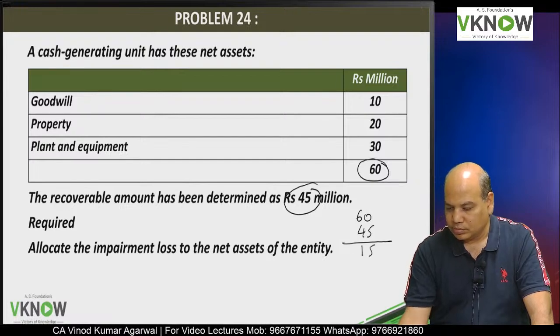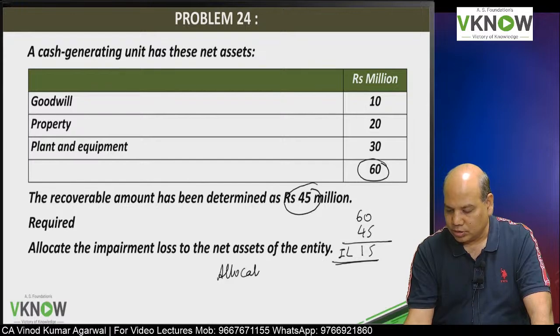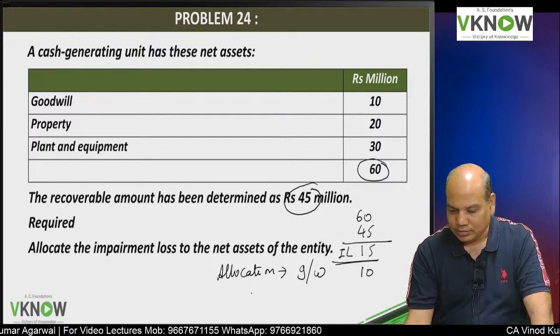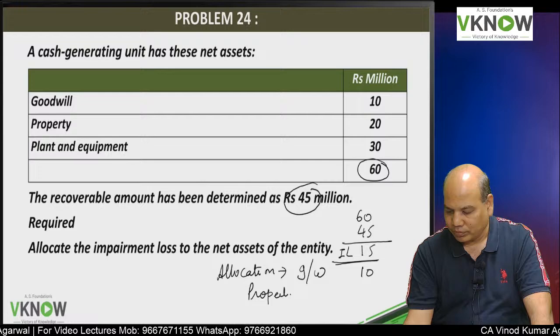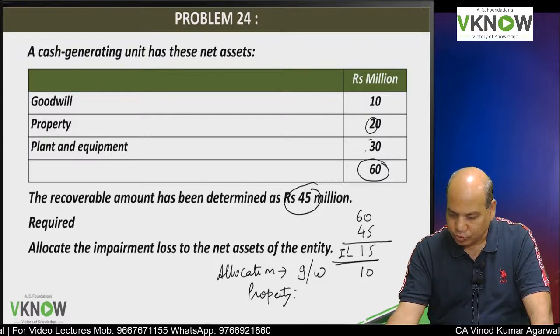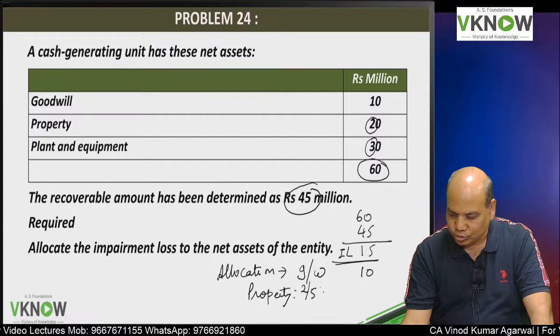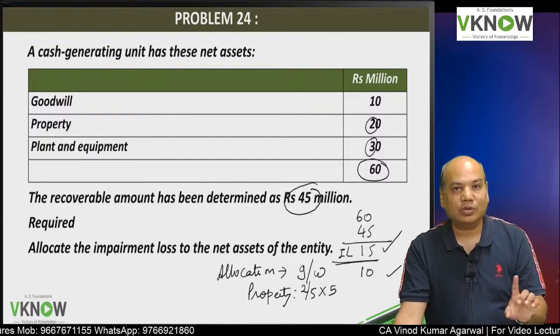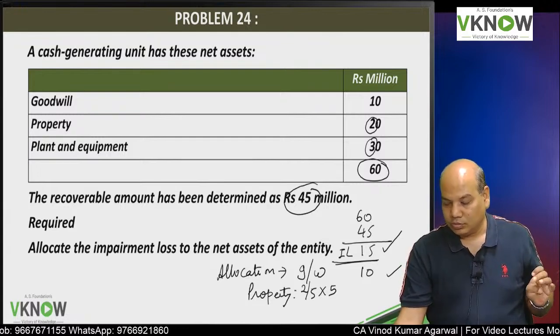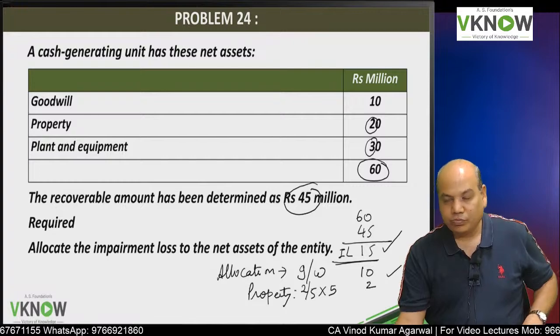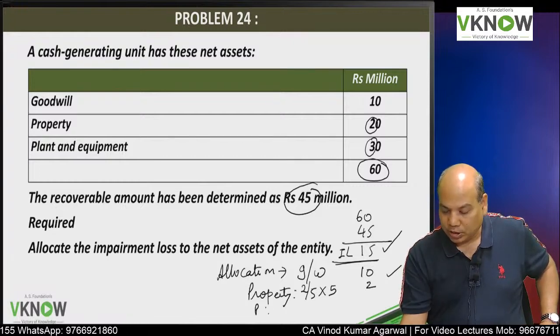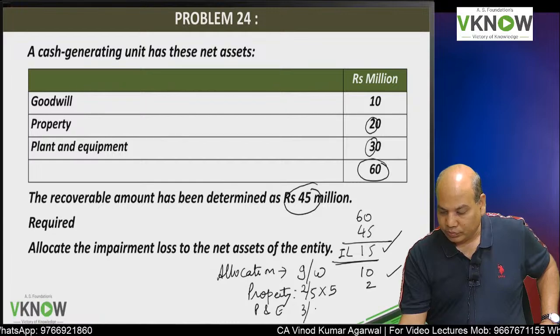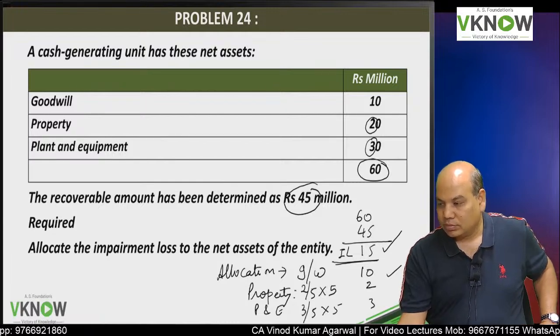Impairment loss 15. Allocation: first goodwill 10, then property and plant in the ratio of 2:3. 2/5 into the remaining. Out of 15, 10 has been allocated to goodwill, so property will be impaired by 2, and plant and equipment 3/5 into 5, 3.